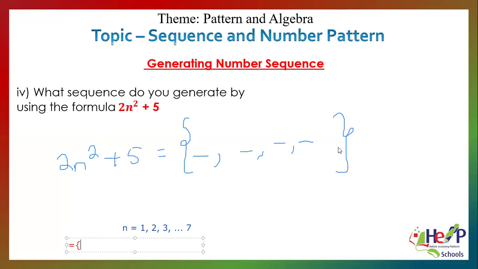The first term is what? 7. 13. 23. 37, yes. We want 7 of them. Who can continue from where she has ended?